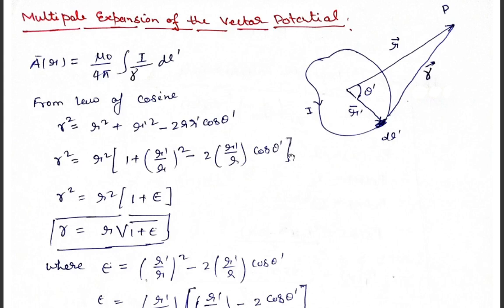We can define the quantity in the bracket as 1 plus epsilon, where epsilon is equal to (r prime upon r) whole square minus 2 r prime upon r cos theta prime. So we can write gamma is equal to r under root 1 plus epsilon.